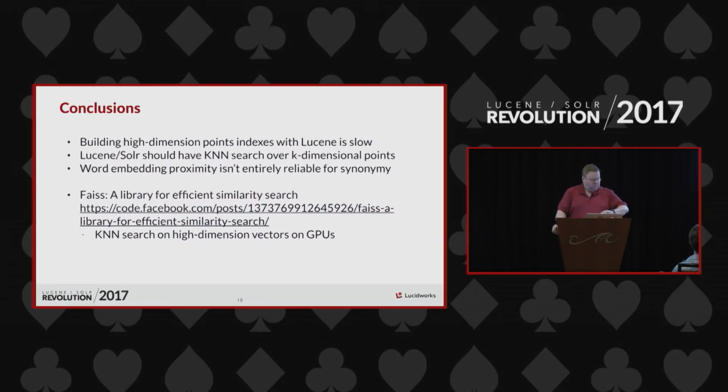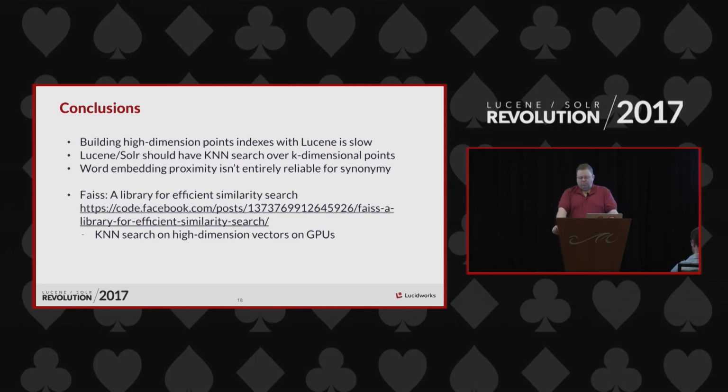So, I think I'm ahead of time. Conclusions: building high dimensional points indexes with Lucene is quite slow. When points were first introduced, Mike McCandless committed an optimization for one-dimensional points that sped up bulk merging, and said at the time that two-dimensional point merging could be sped up with a similar optimization, but he did not do that.